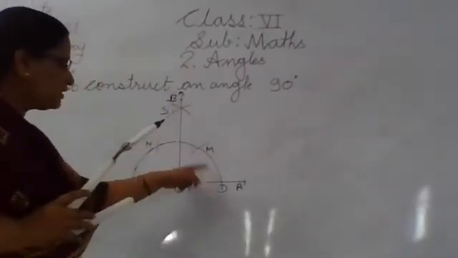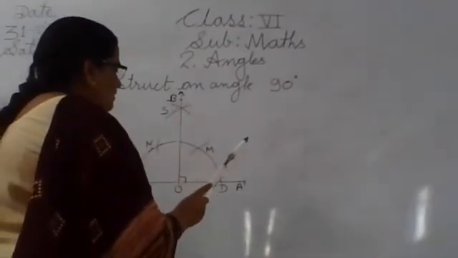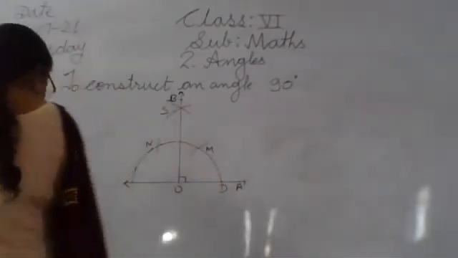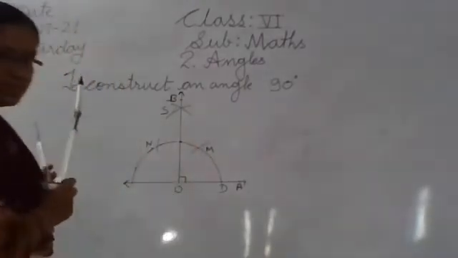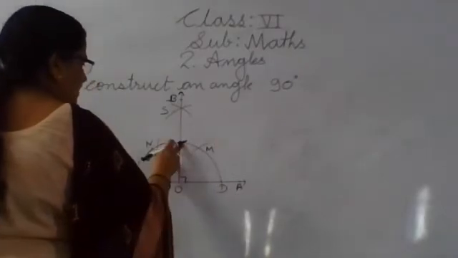Now see beta, already we have an arc. Okay. So one by one we will place the pointer on this D and here. Here this arc intersect on this point. Okay. So one by one we will place here and here.